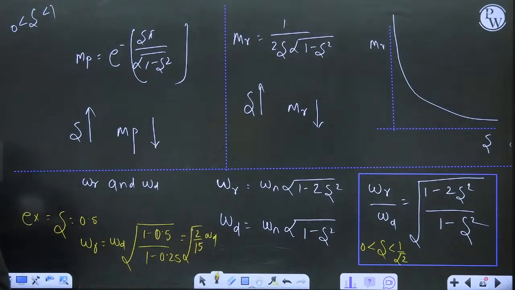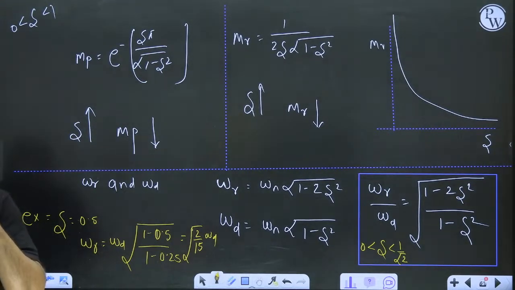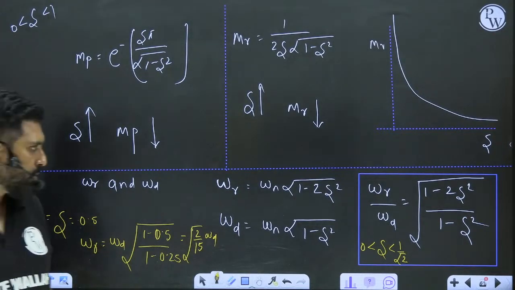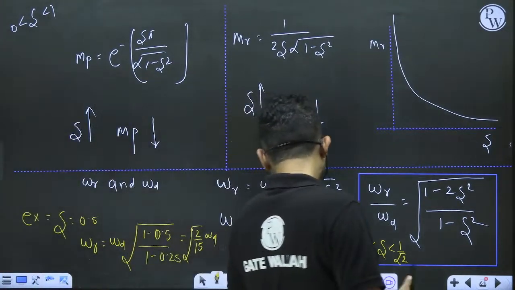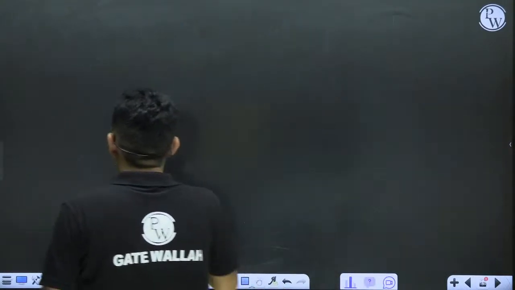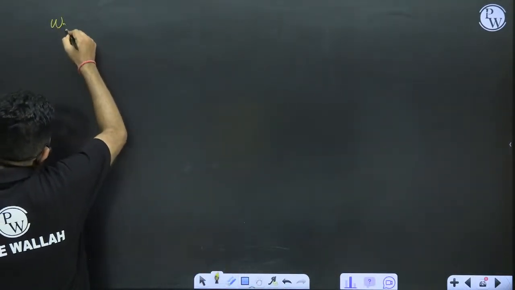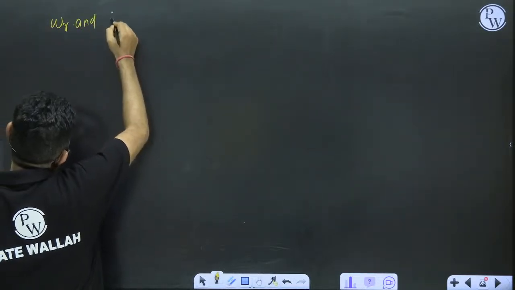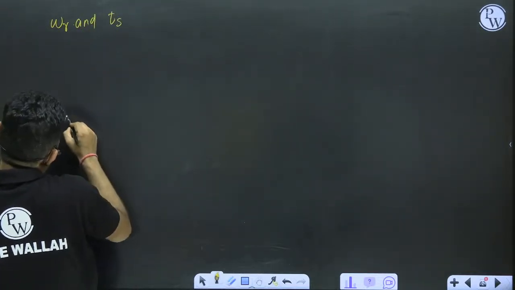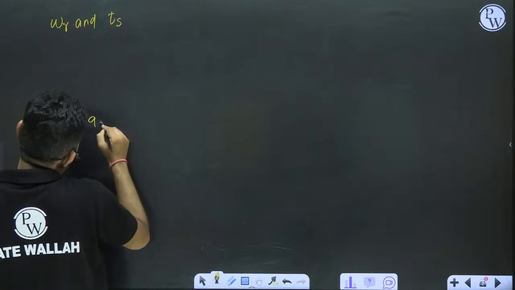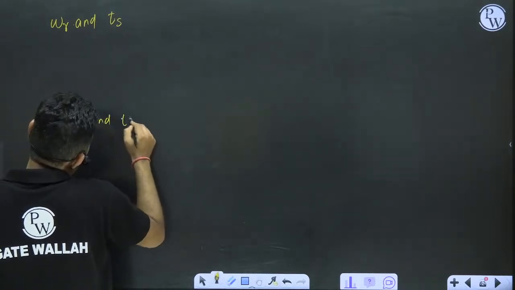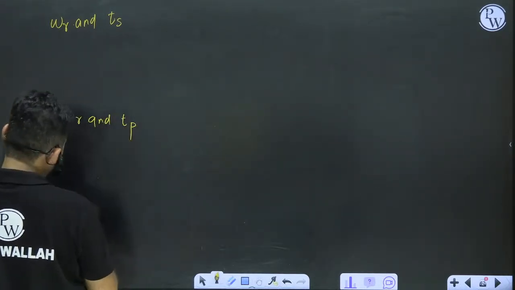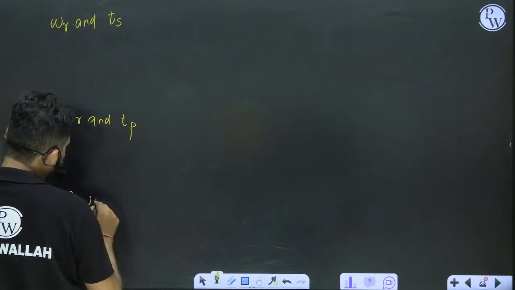Okay, so now this is the case. Now omega r and settling time, and omega r and peak time, then bandwidth and settling time.